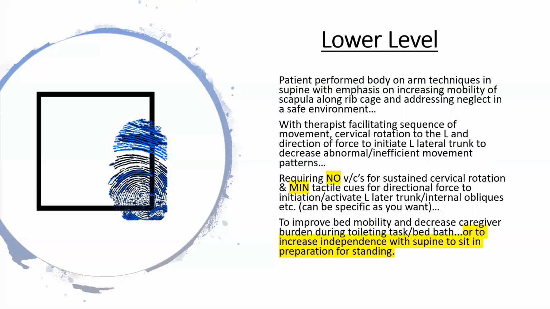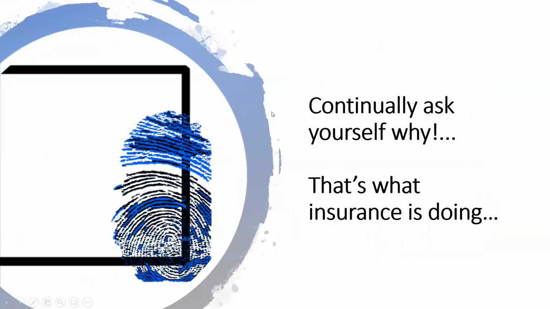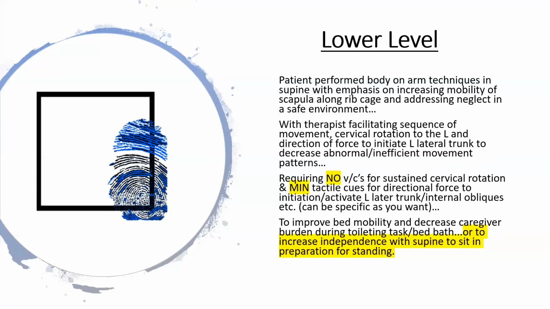You can also back up at the top, instead of working on supine, we can do body on arm techniques in sitting. And we still have to address the neglect and the avoidance of that left side. So you can literally keep everything the same and just change a few words here and there.